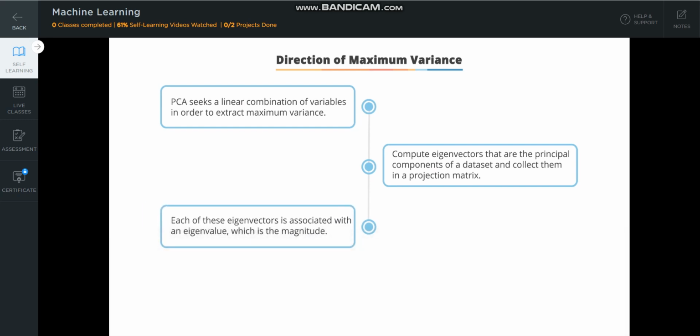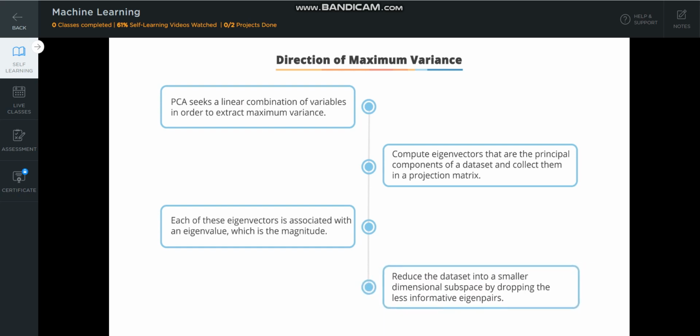Each of those eigenvectors is associated with an eigenvalue, which can be interpreted as the length or magnitude of the corresponding eigenvector. The reduction of the dataset via PCA onto a smaller dimensional subspace by dropping the less informative eigenpairs is reasonable when some eigenvalues have a significantly larger magnitude than others.